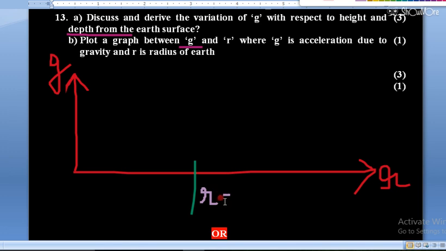That means here we reached the earth surface, and if I am here, then I am inside the earth. Inside the earth, g is directly proportional to r.